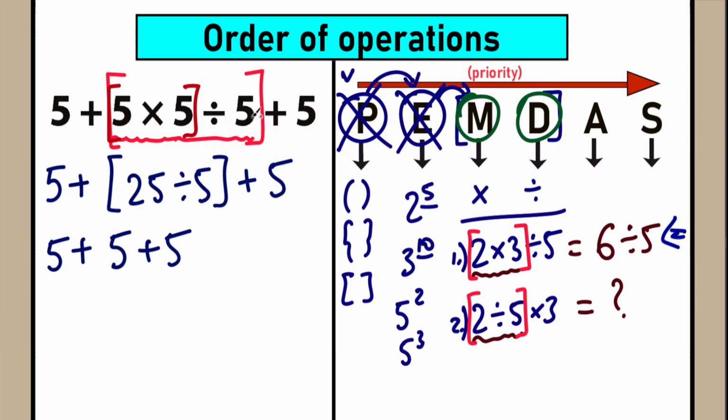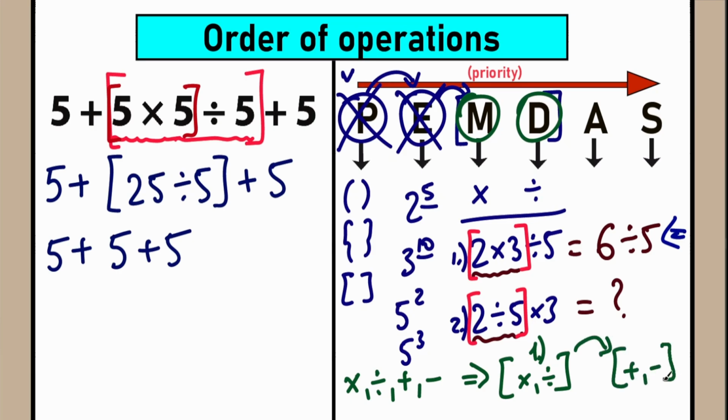And here's the key moment, because whenever we have an expression with a mixture of multiplication, division, addition, and subtraction, we need to perform multiplication and division first. And the next thing, we need to perform addition and subtraction. That's why A stands for addition, this is our last step, and S stands for subtraction.